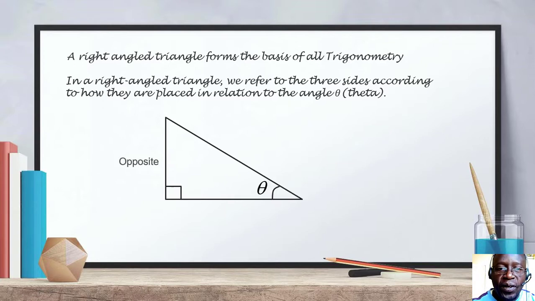The side opposite to the angle theta is called the opposite side of a right-angled triangle. The side adjacent to the angle theta is called the adjacent.